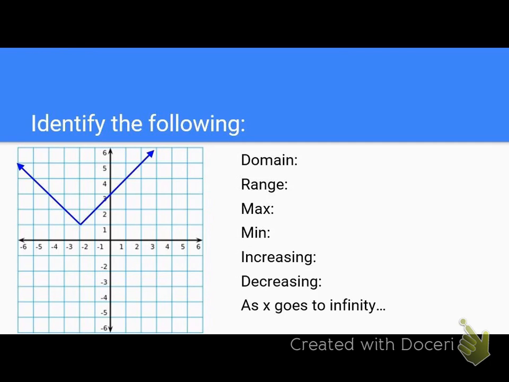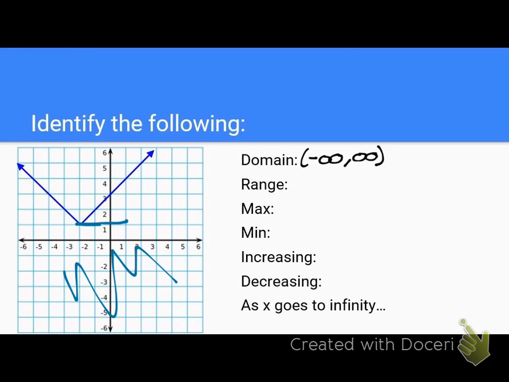Alright, and last example, this is an absolute value function. And the domain, we can see for the x values, I don't have a problem. So I say that my domain, again, is all real x, or -infinity to infinity. Okay, and then for my range, I see that my graph doesn't start until right here, right?